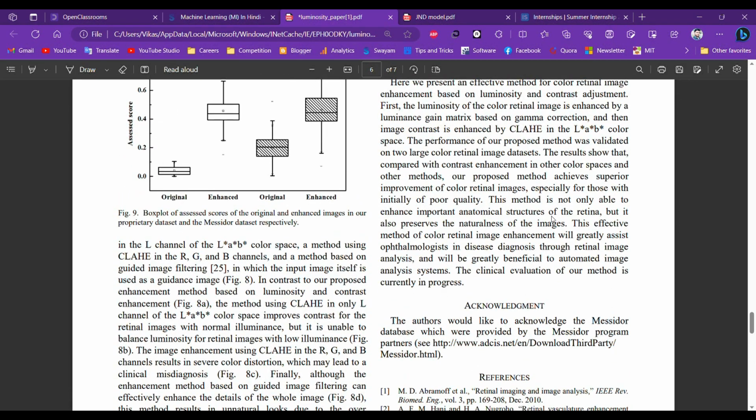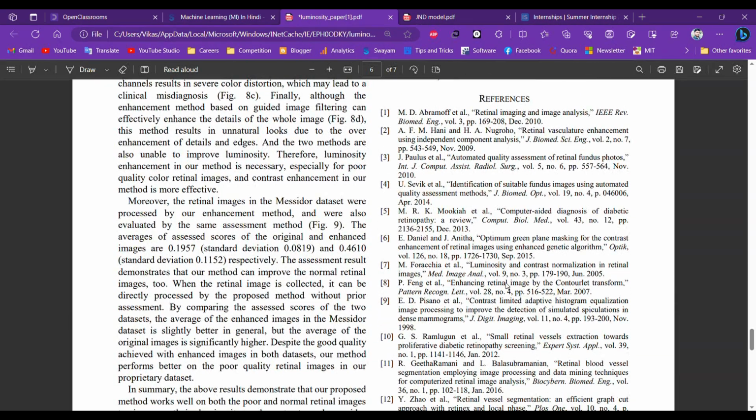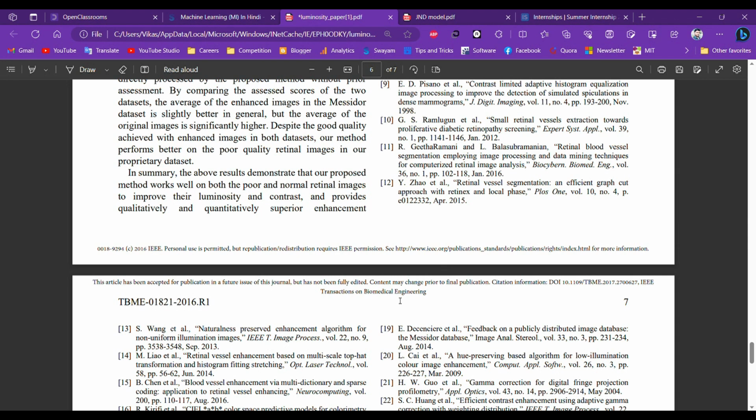these are used to show the improvement of the image after applying their algorithm. The dataset taken is the Messidor database for applying their proposed model, and these are references to different previous research papers, but this present paper is also not very useful in medical diagnosis.